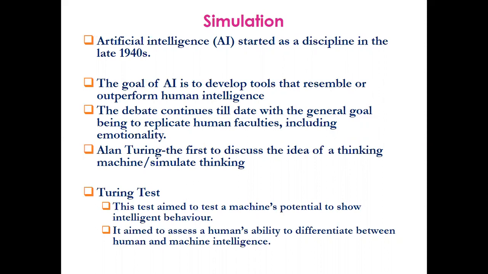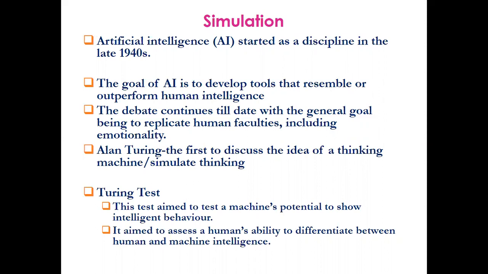AI is the discipline that started in the late 1940s, and the goal is to develop tools that resemble or outperform human intelligence. The debate continues to date, with the general goal being to replicate human faculties, including emotionality.